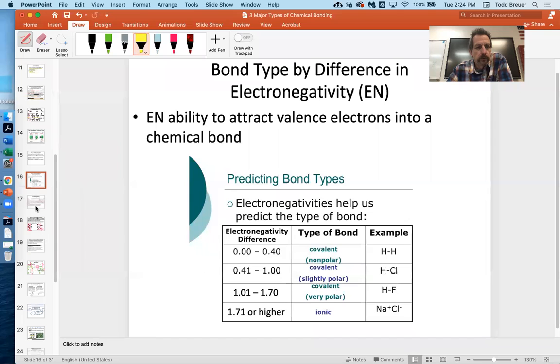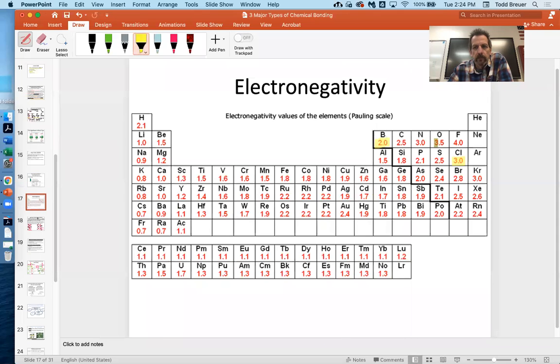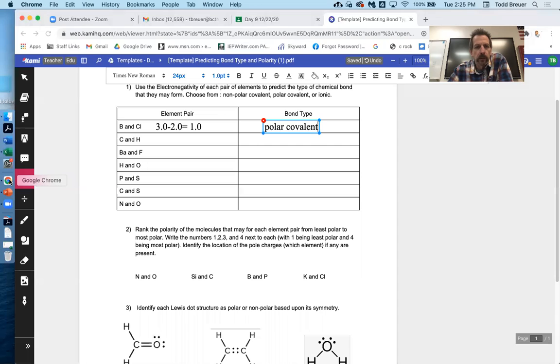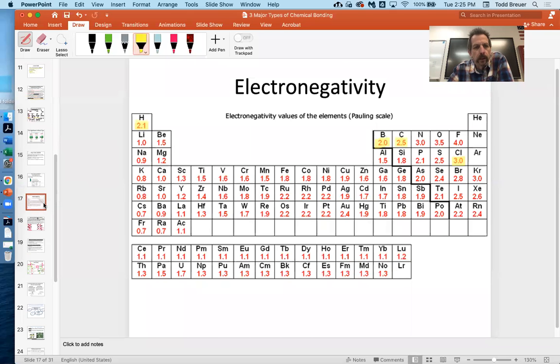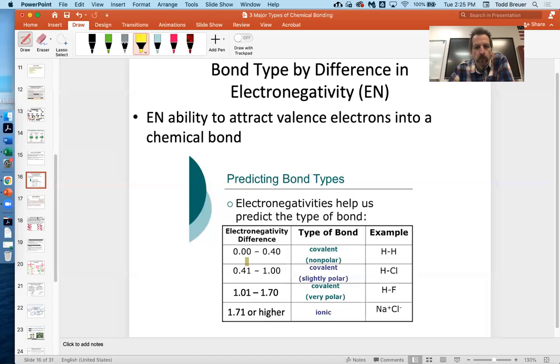So we'll go to our electronegativity table, right? The value for C is 2.5. The value for H is 2.1, right? The difference between them allows us to calculate, right? So the difference, 2.5 minus 2.1, the difference is now 0.4, and we'll go back and consult the chart. 0.4, we'll look at that.